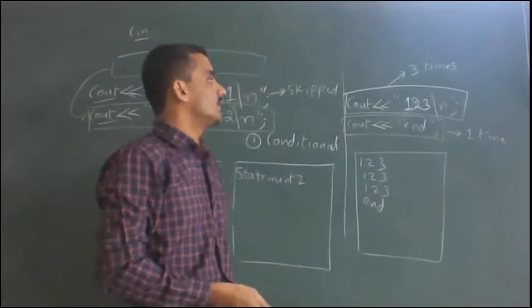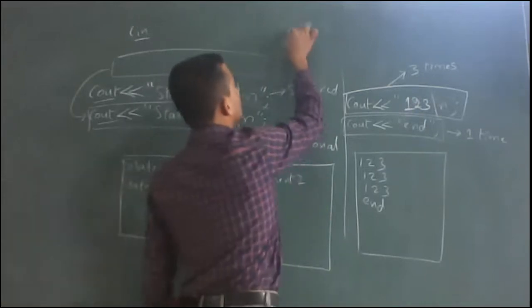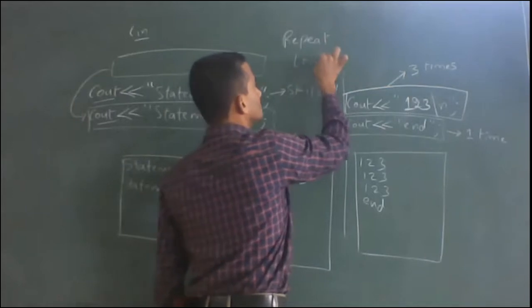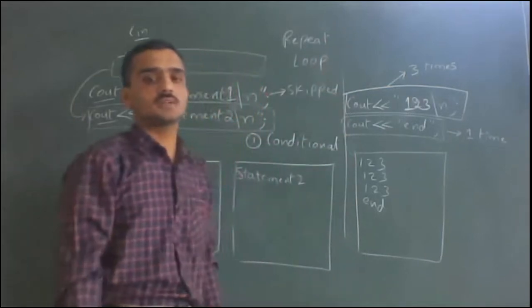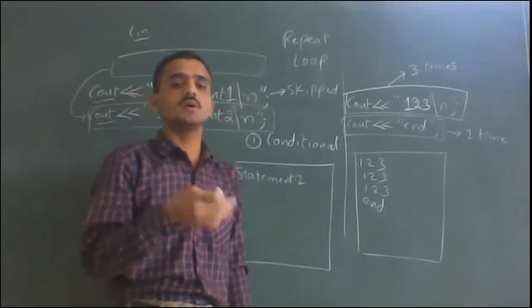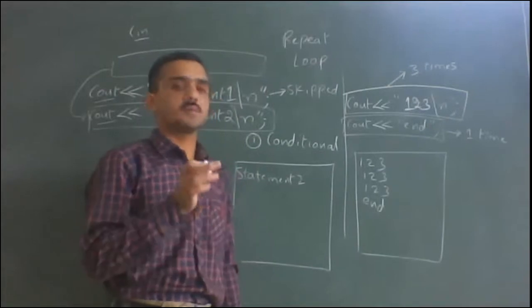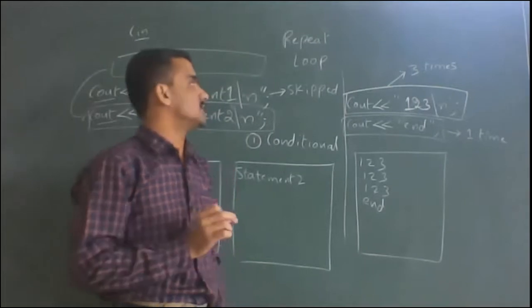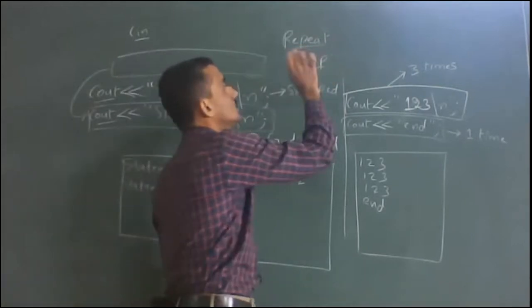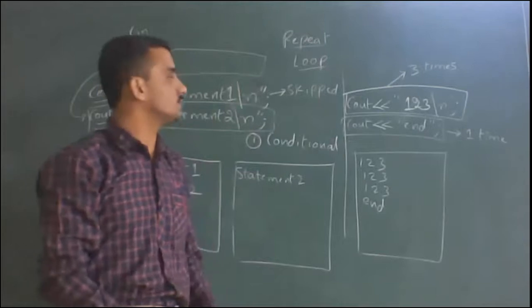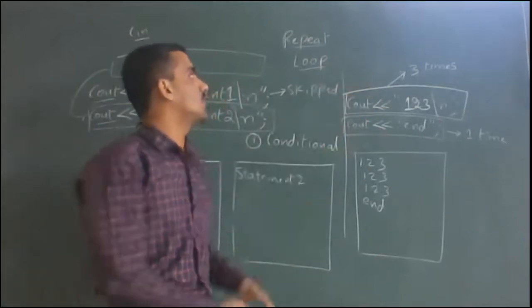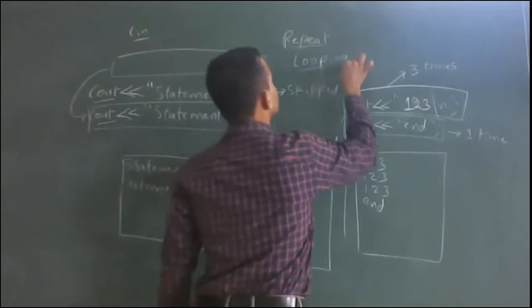Whenever we consider repeating the execution, it is nothing but a loop. Loop means repeat. From starting to ending, you have to keep on repeating for some reason, until you reach some time or some condition. The statements used for this purpose, to repeat the execution of statements, are called looping statements.